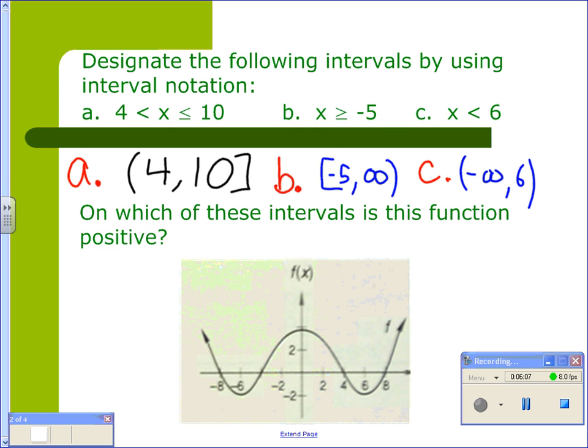Do you agree? Do y'all see how that works? No?